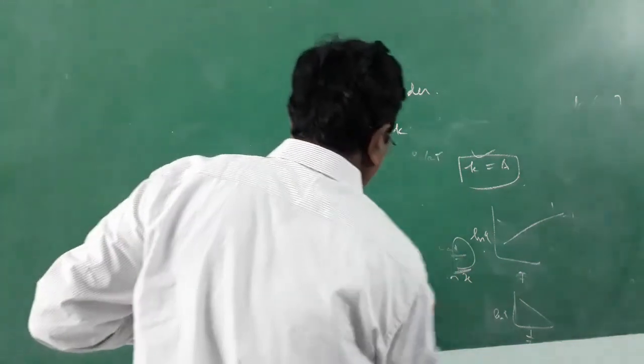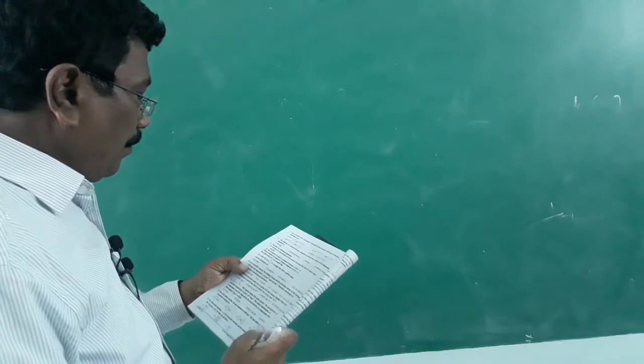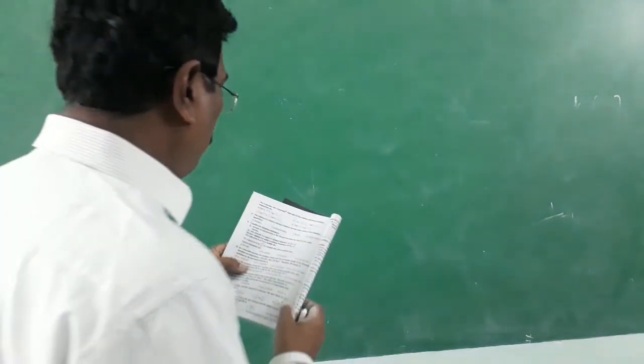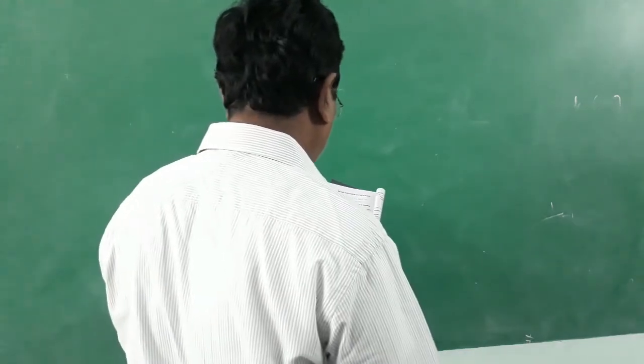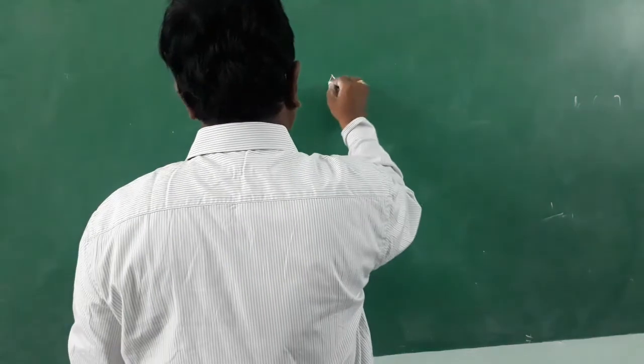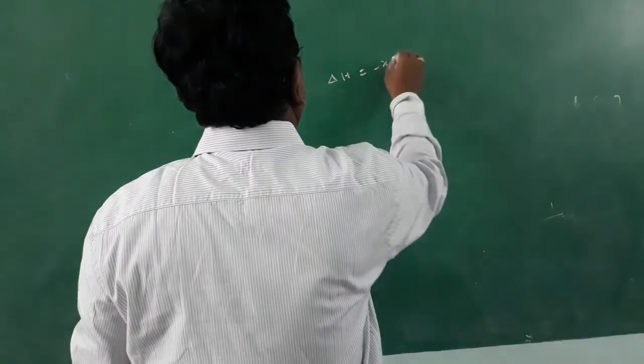Next question. So just let me try to complete up to say 12 or 13 questions. In a reversible reaction, the enthalpy change and activation energy in the forward direction are respectively. Enthalpy change delta H is given as minus x kilojoule per mole.